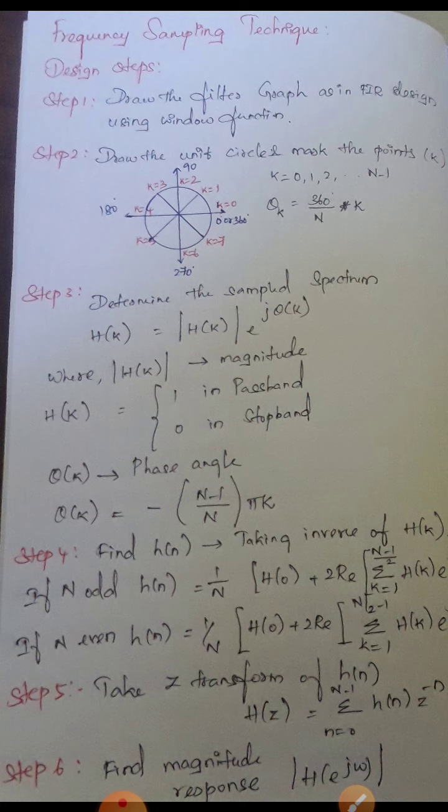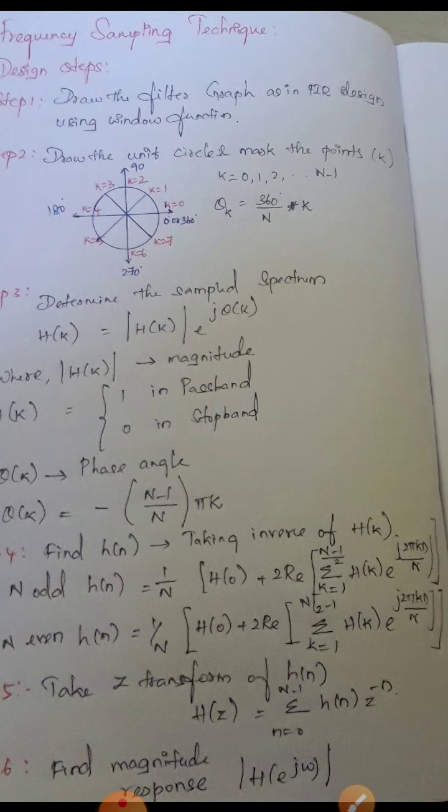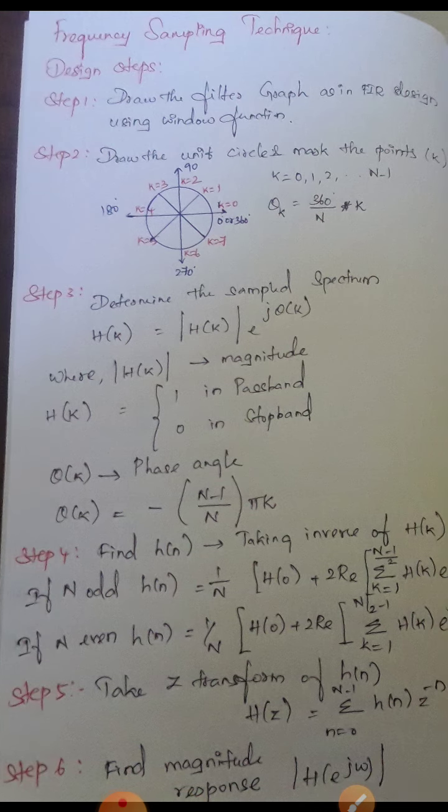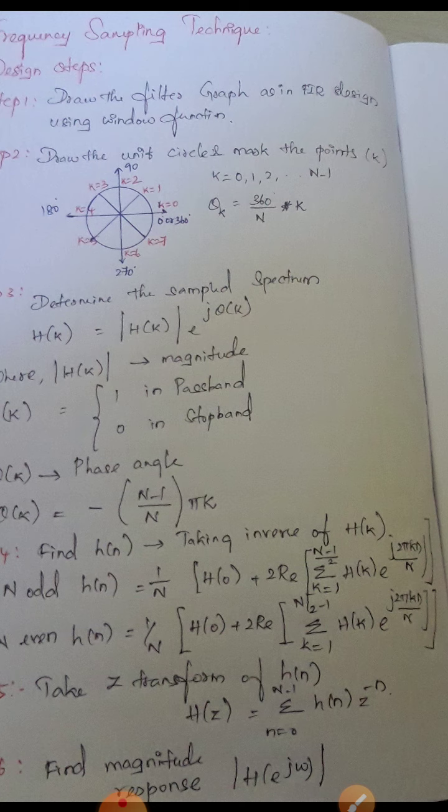So this formula is 1 by N into H of 0 plus 2 into the real part, with k varying from 1 to (N minus 1) by 2, of H of k e power j 2 pi k n by N. Okay, again for N even it is the same thing, but the upper limit is k varies from 1 to N by 2 minus 1, the same formula, but for N odd value you have to subtract 1. Here first you have to divide by 2, then subtract 1.